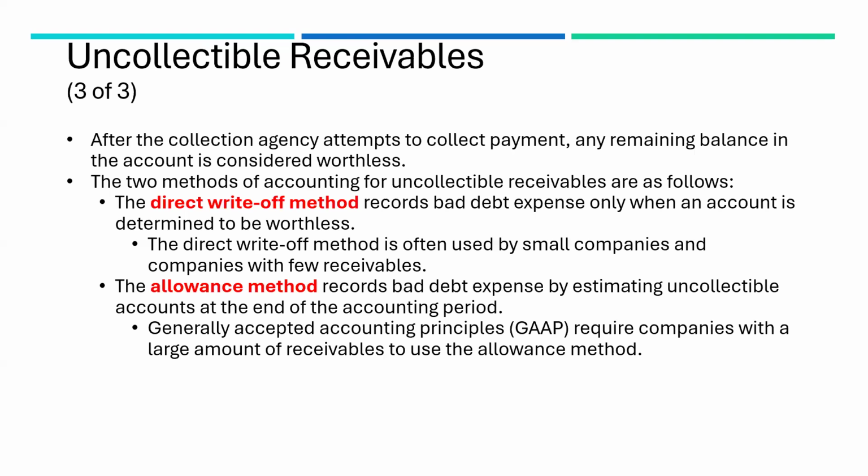And this is the GAAP method. And it's required with companies with a large amount of receivables or a large amount of bad debt expense. The only time the direct write-off method is even allowed is when bad debt expense or uncollectible accounts is so small that it doesn't matter.